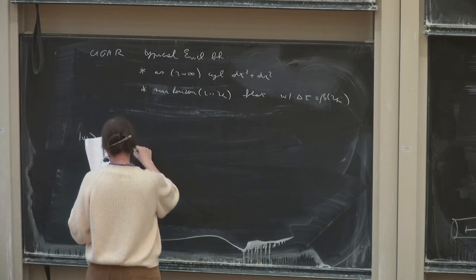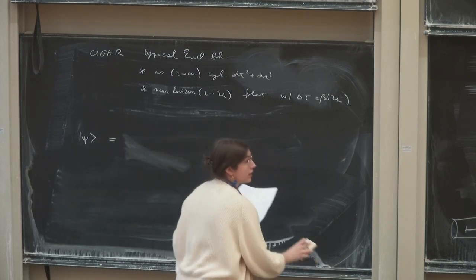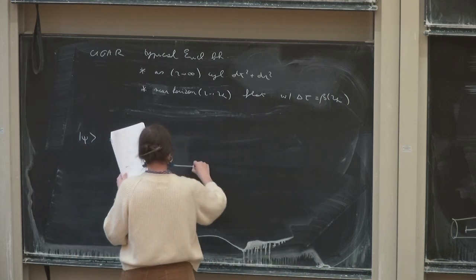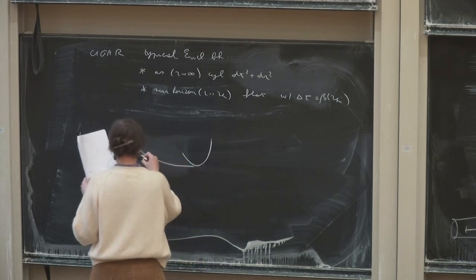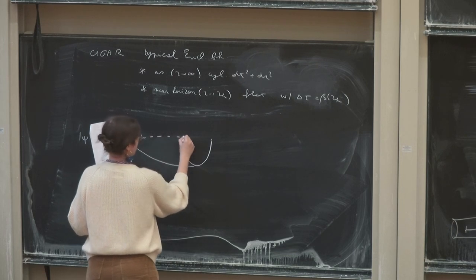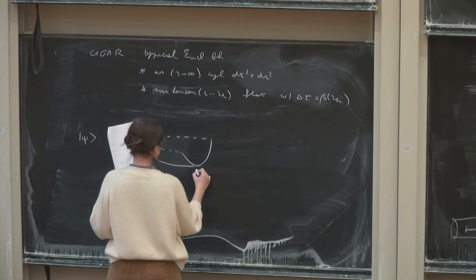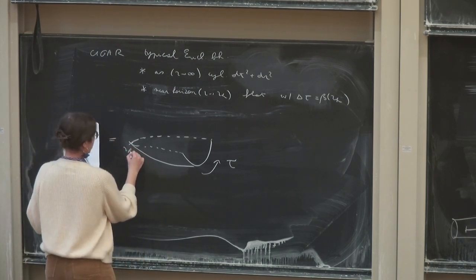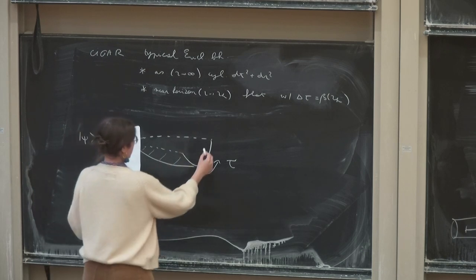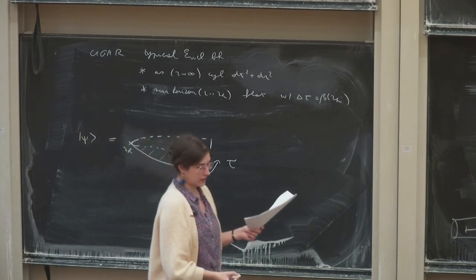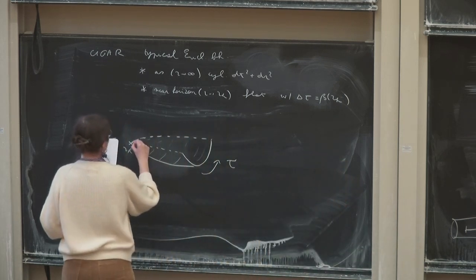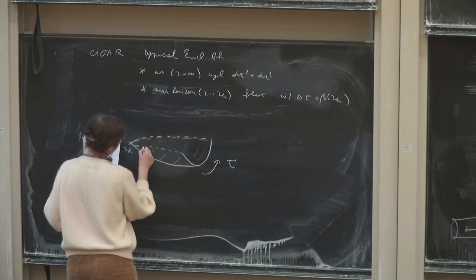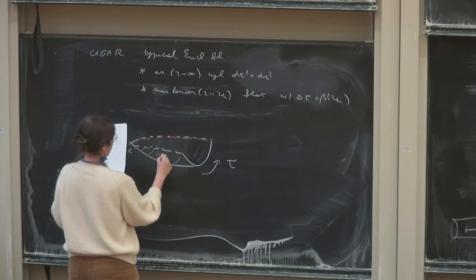So let me try to draw this. Okay, so this is supposed to be half of the cigar. Here's where the horizon radius is. So the right part would be a part that I draw in red, where a right field configuration can live, and here where a left field configuration can live, okay?